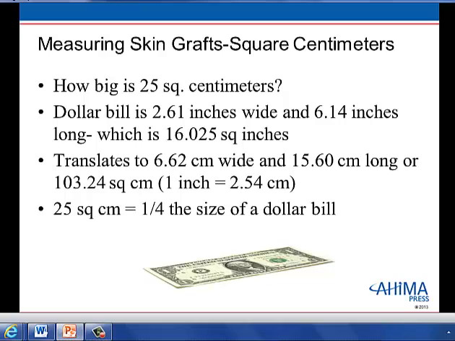This translates to 6.62 centimeters wide and 15.60 centimeters long, or 103.24 square centimeters. One inch equals 2.54 centimeters. 25 square centimeters equals one-fourth the size of a dollar bill.